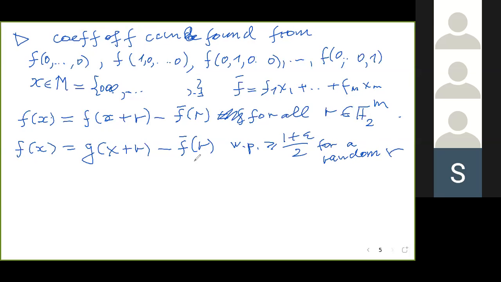And this allows, using the law of large numbers in the form of the Chebyshev inequality, to find f of x by majority vote.